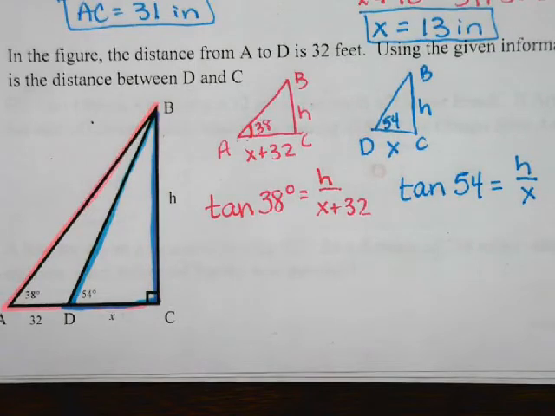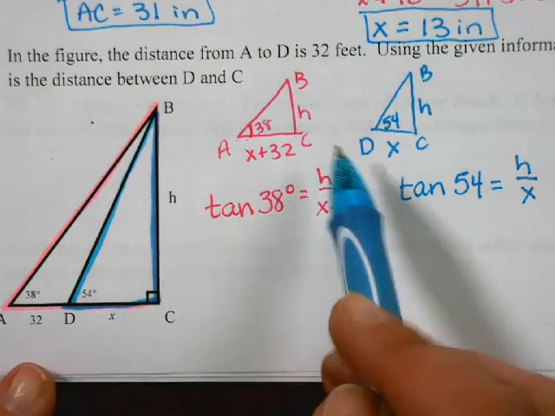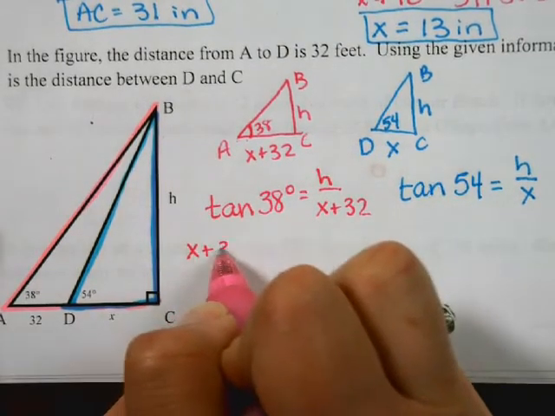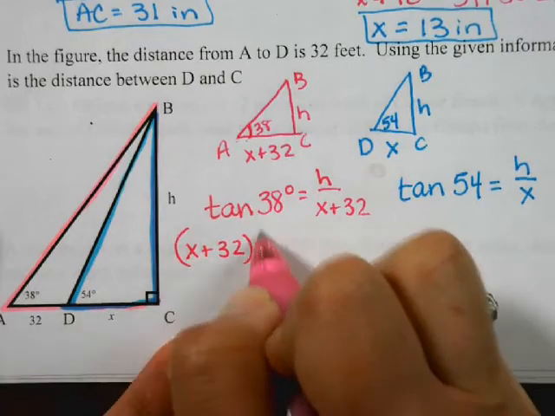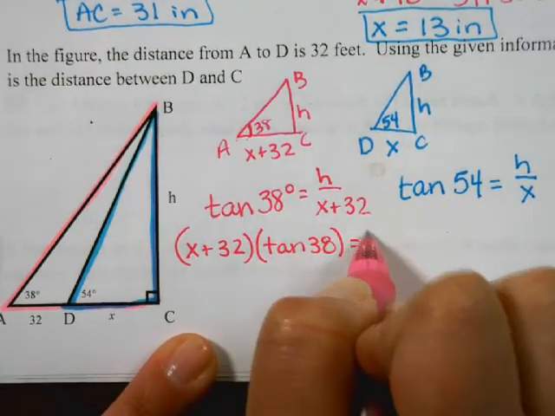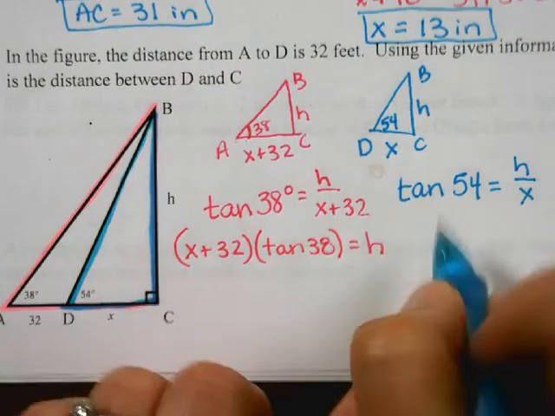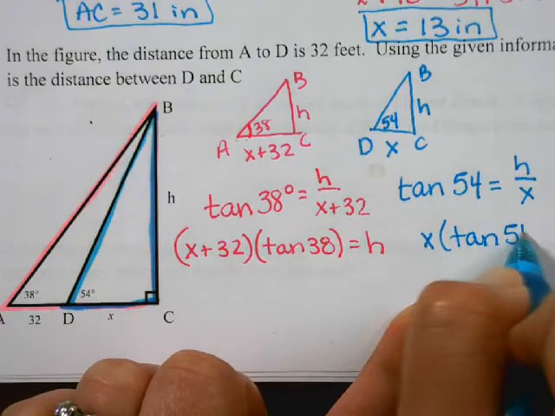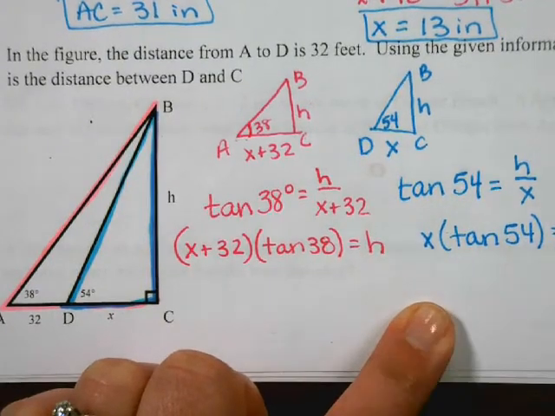So we just discovered they both have an h in common. So what if I solved each one of these guys for h? Do I care what h is? No, I don't. So as I rearrange this guy, x plus 32 times the tangent of 38 is equal to h, and x times the tangent of 54 is equal to h as well.